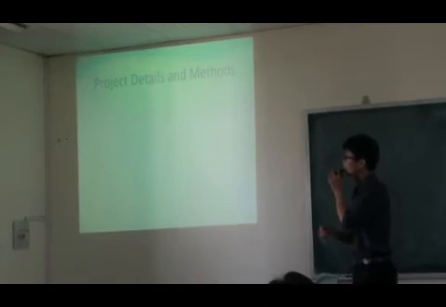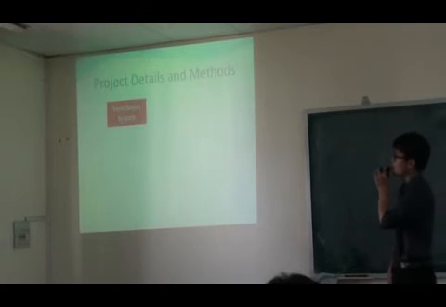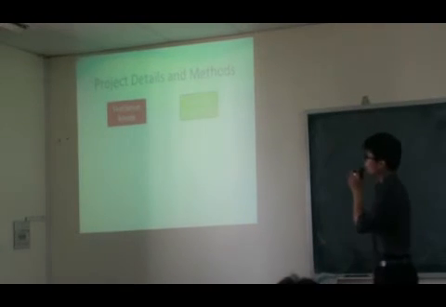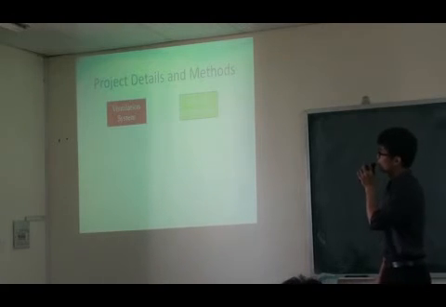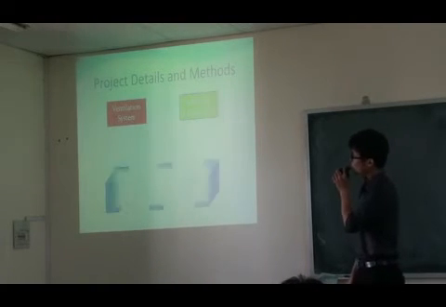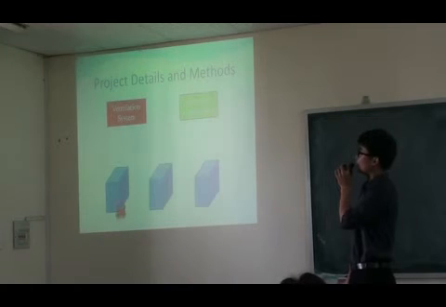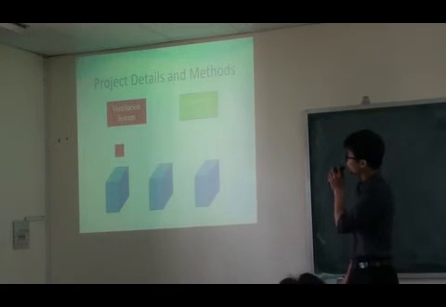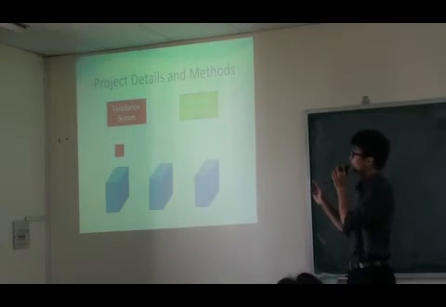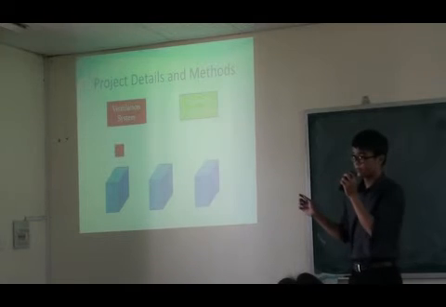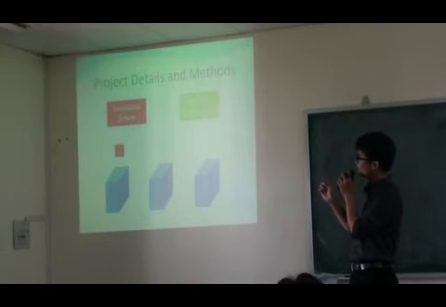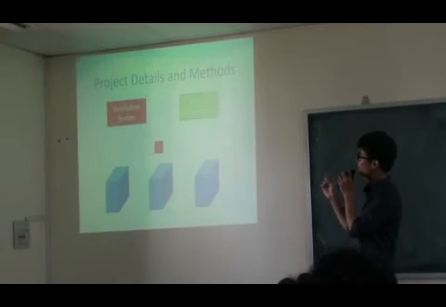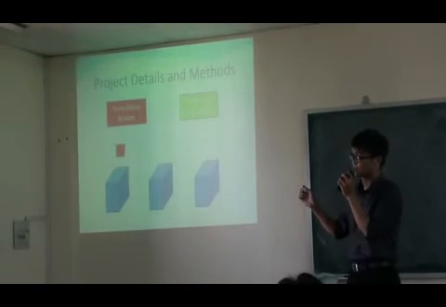And now the project detail. We will divide the project into parts. The first is the ventilation system and the central air conditioner. We have to divide this into parts because we have to complete the first, and then after that we can assemble the central air conditioner in the building.